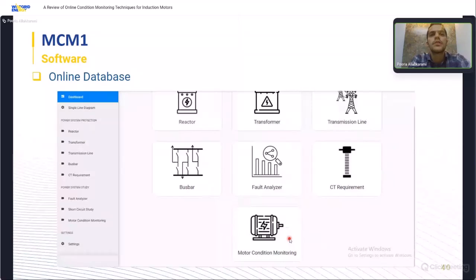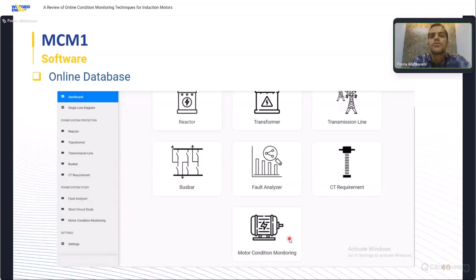The MCM1 has an internal memory that can store all the motor data you have. The device internal storage is around 128 gigabytes, but consider you have 10 motors or 100 motors. Each test can occupy up to 60 megabytes of the storage.